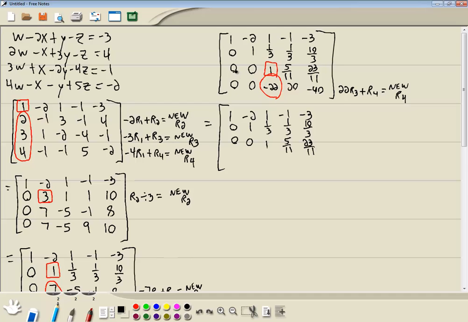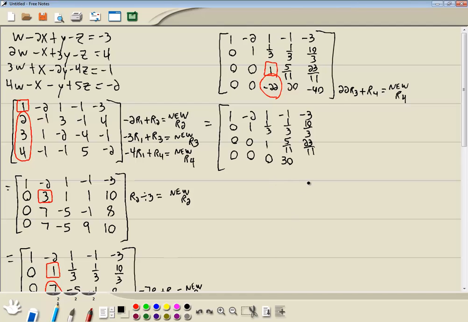Okay, 22 times 0, 0 plus 0, 0. 22 times 0, 0 plus 0, 0. 22 times 1 is 22 plus negative 22 is 0. 22 times 5/11ths plus 20. Well, that's interesting.